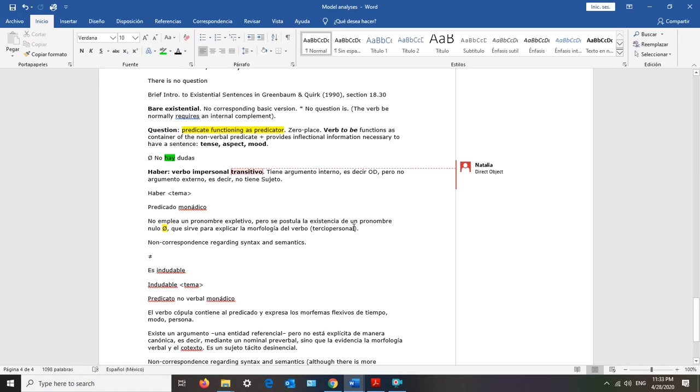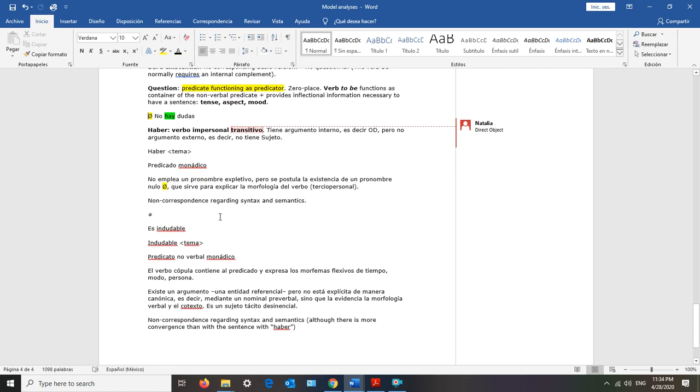type of inflectional morphology. It is tercio personal. Instead of showing a different form, this is the form it appears in. Therefore, the postulate is that there is this null pronoun, represented with that symbol, that helps explain the form that the verb takes, tercio personal.